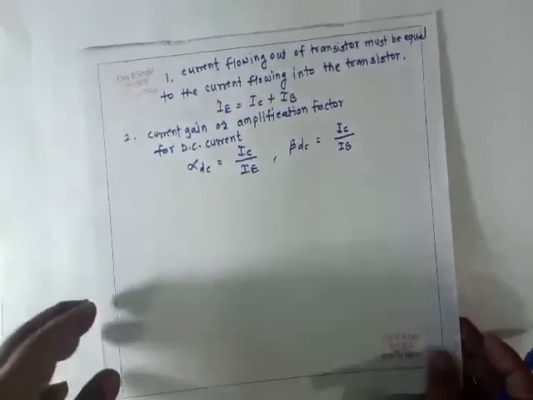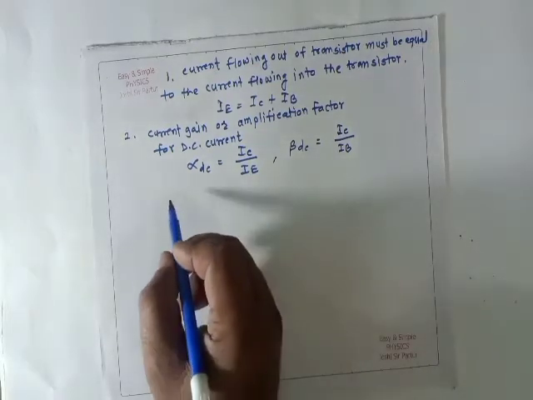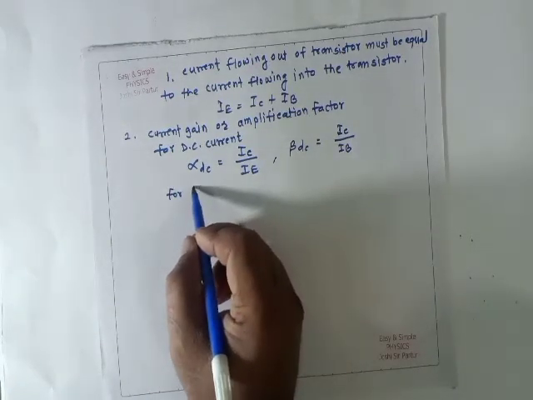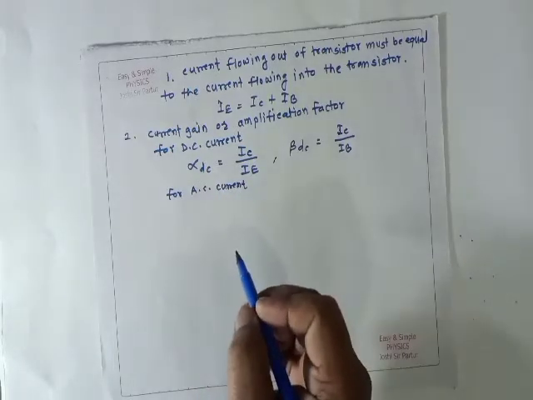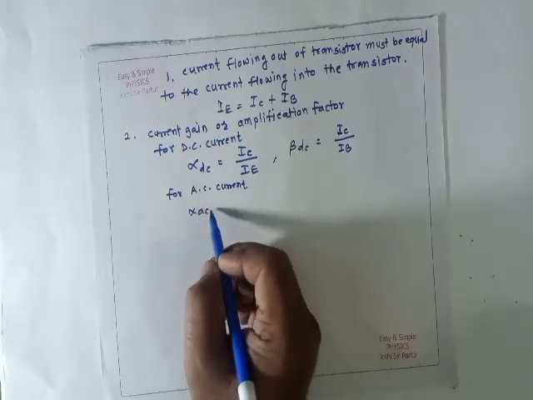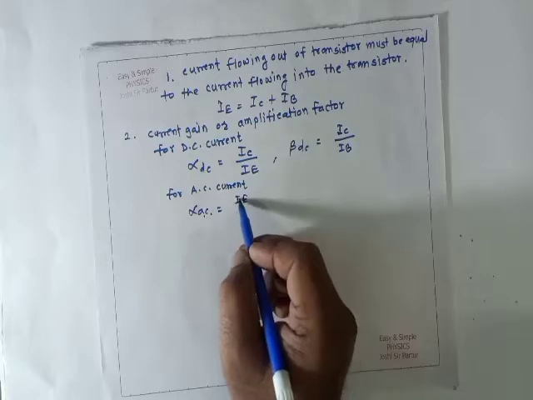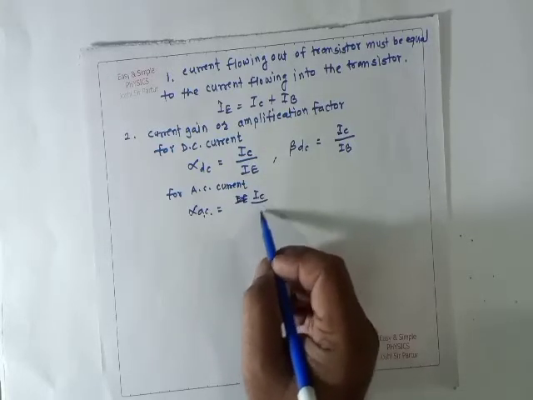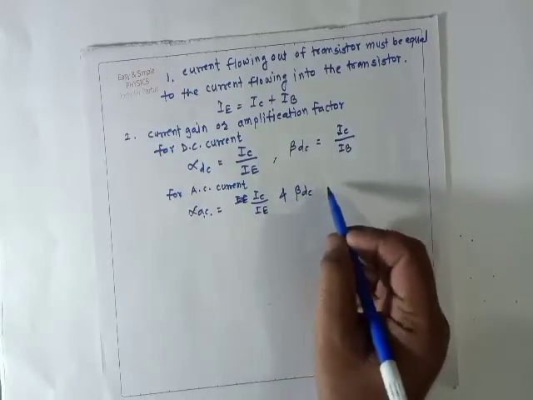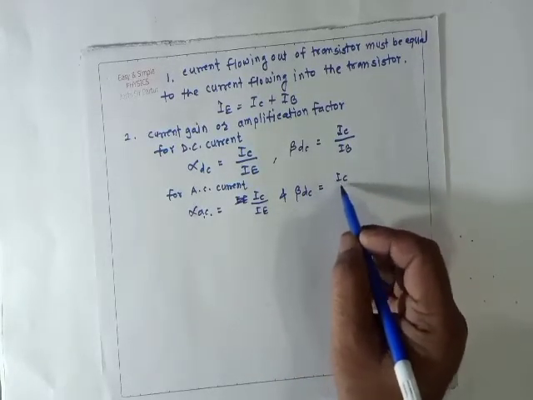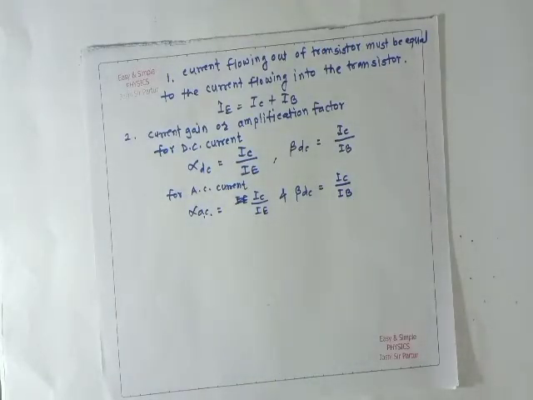So for AC current, alpha AC is equal to the ratio of collector current to emitter current, and beta AC is equal to the ratio of collector current to base current.